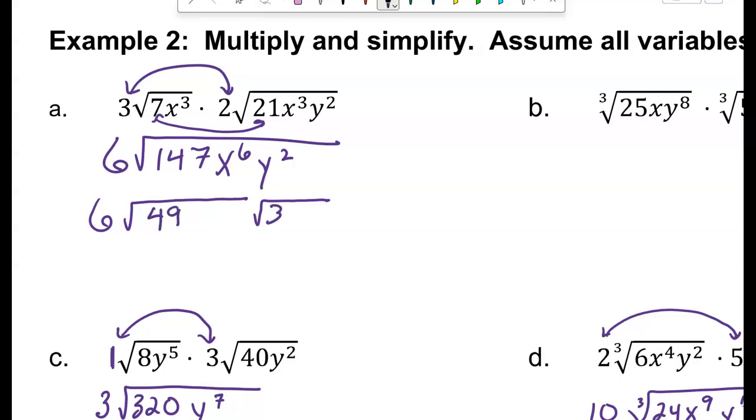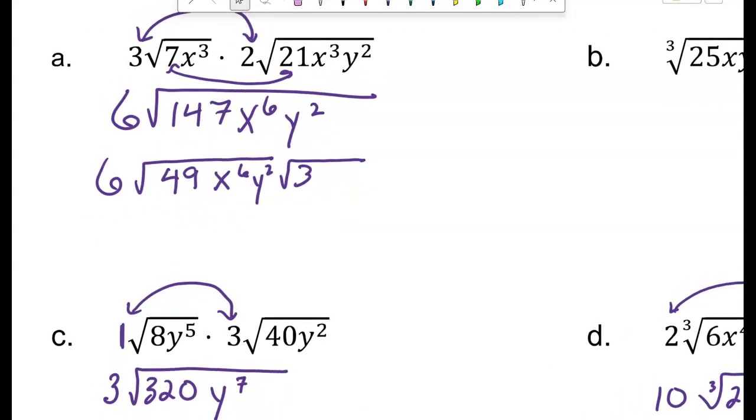What's a factor of 21? 7. 7 times 7 is 49, is one way of thinking about that, so 49 times 3. How about x to the 6th? Can I pull it out? Yeah, because it is a perfect square. How about y squared? All right, now we can simplify a little bit more. We got 6 times, what's the square root of 49?